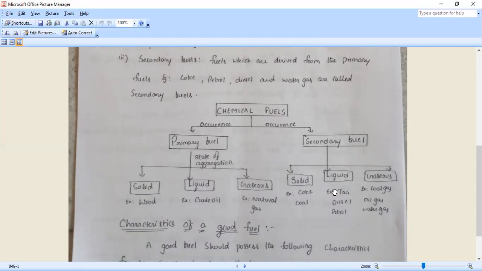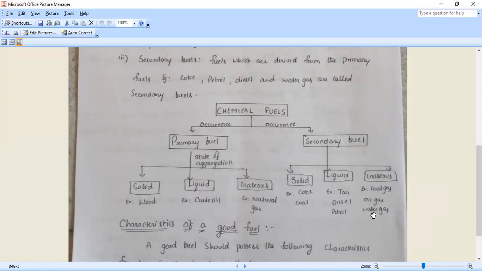Let's see the examples. Solid fuels, examples: coke, charcoal, etc. Liquid fuels, examples: tar, diesel, petrol, kerosene, synthetic petrol, fuel oil, gasoline, and LPG. Next, the last one, gaseous fuels. Examples: water gas, oil gas, coal gas, etc.